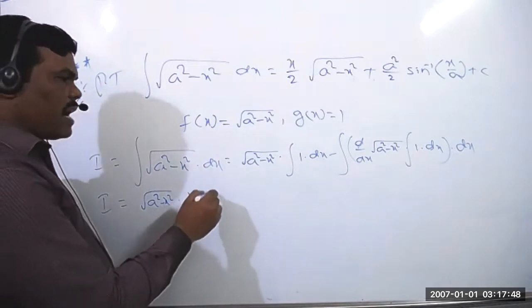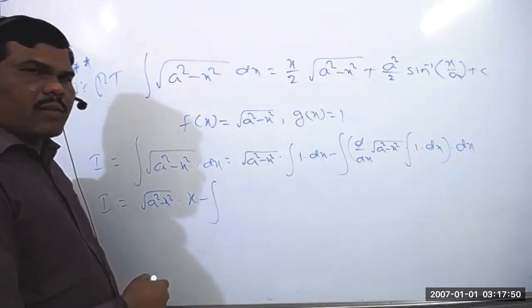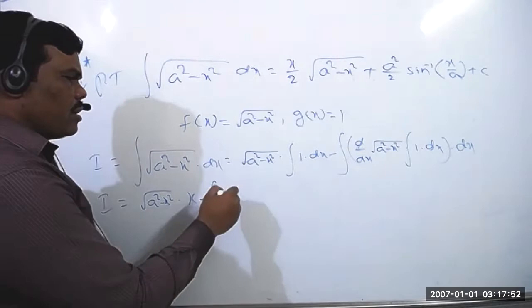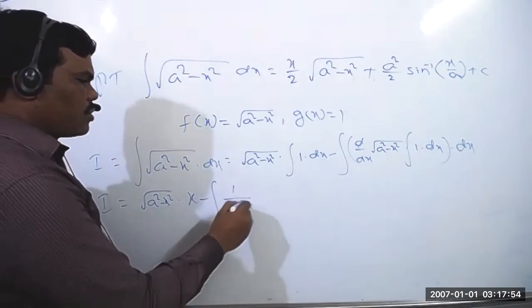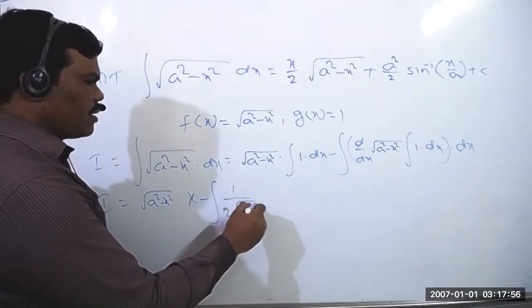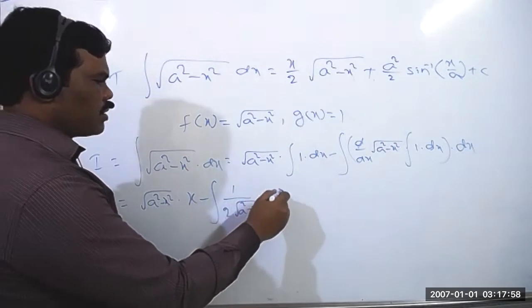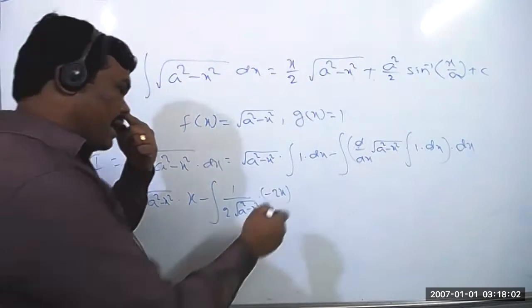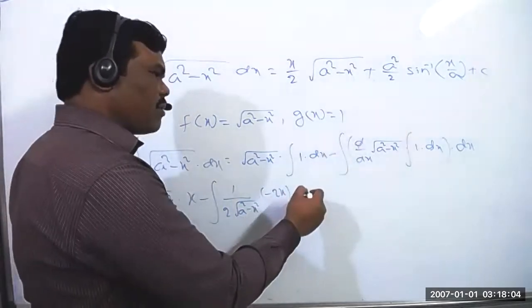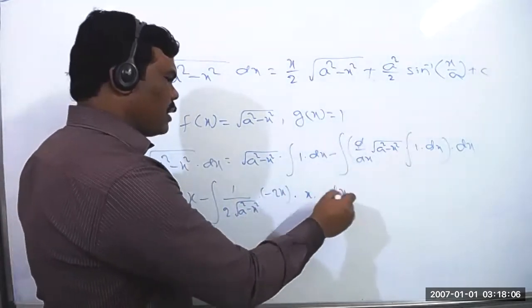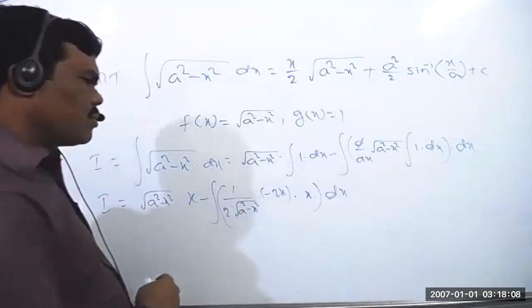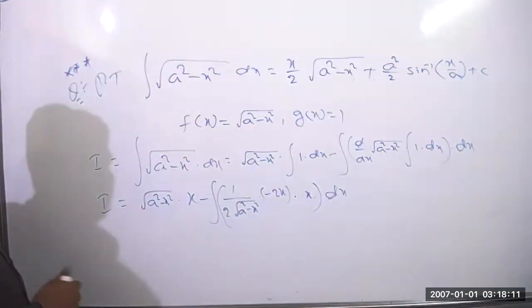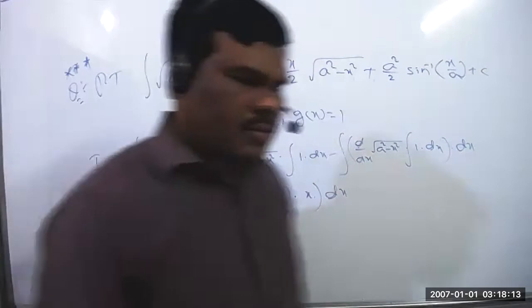Next, minus integration of the differentiation of root of a square minus x square, you can write 1 by 2 into root of a square minus x square into minus 2x, into integration of 1 equal to x, whole into dx. Now you can write that clearly.